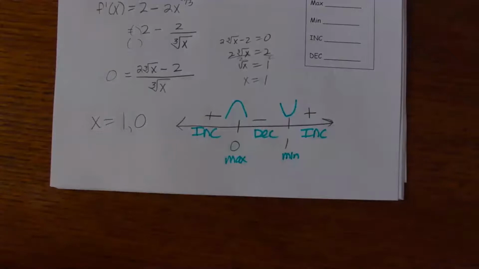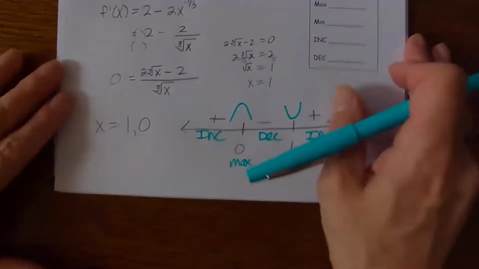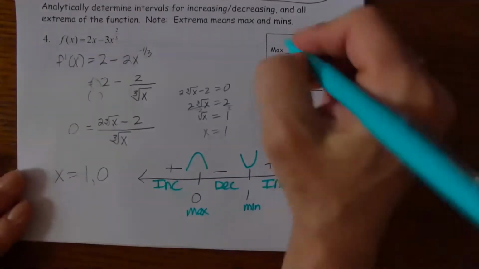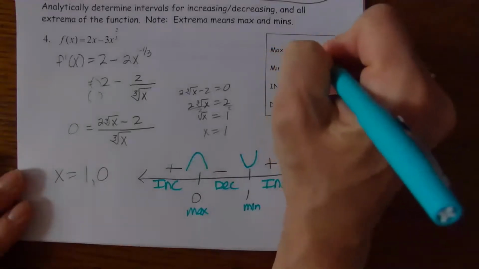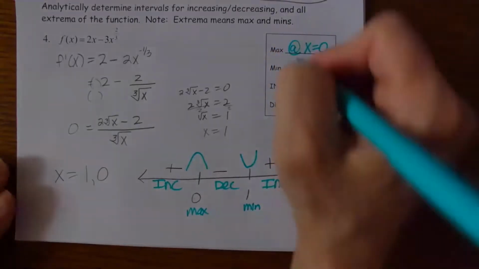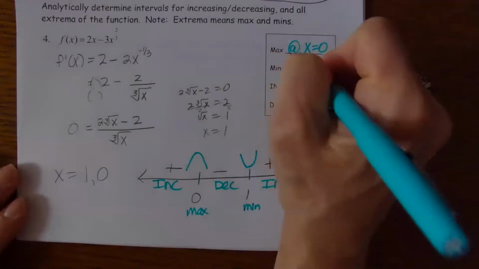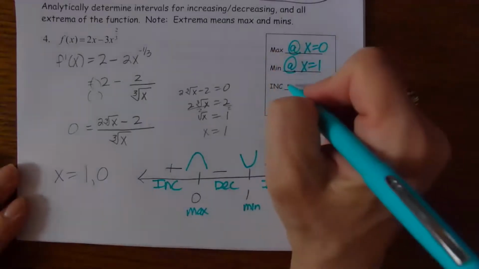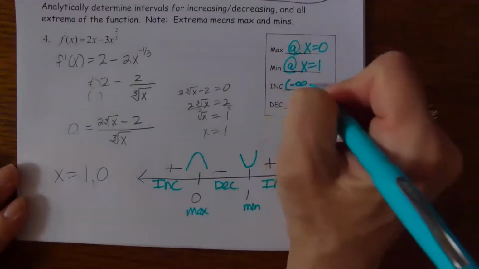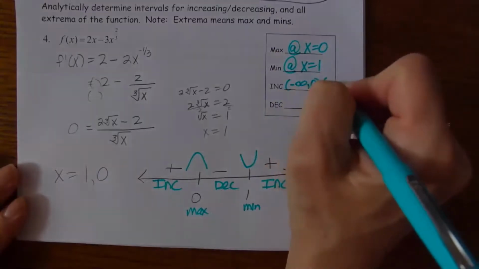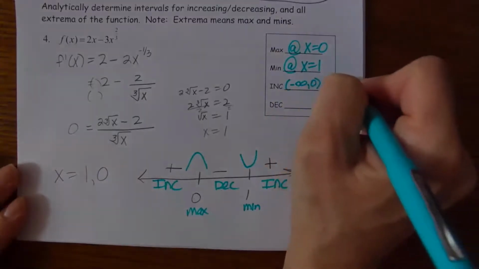Once we have a sign chart, is everybody okay writing down what we have? So we have a max at x equals 0, a minimum at x equals 1. We are increasing from negative infinity to 0 and 1 to infinity, right?